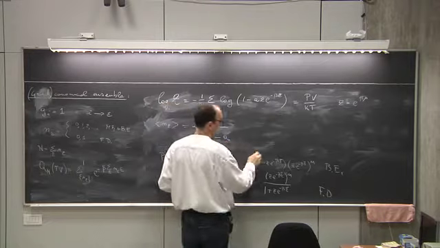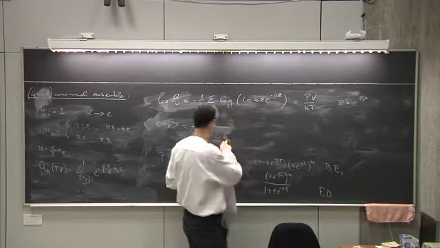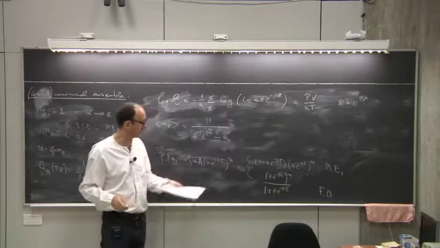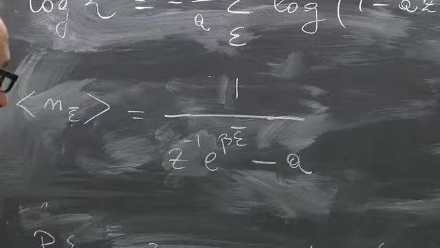Well, this a again is equal to 1 for the Bose-Einstein statistics and minus 1 for the Fermi-Dirac.